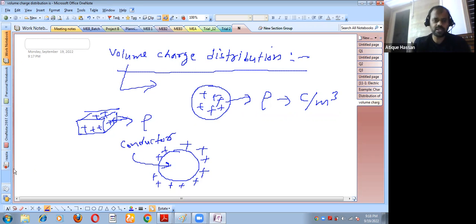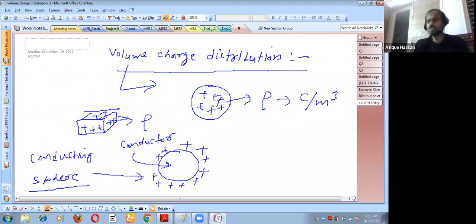Sometimes you will get terms like conducting sphere. Conducting means all the charges are on the surface. We cannot have volume distribution of charge on a conducting material.